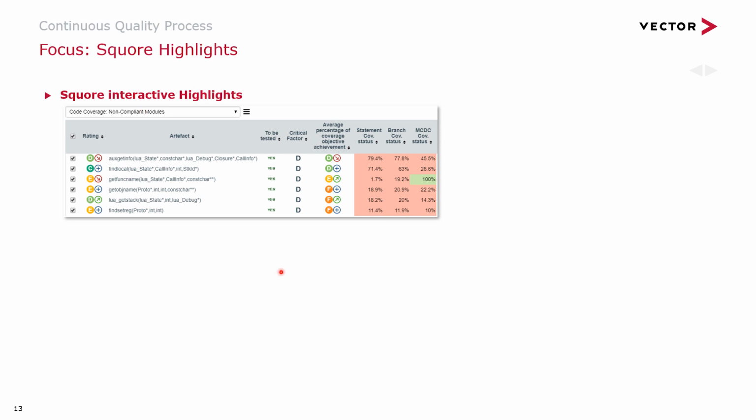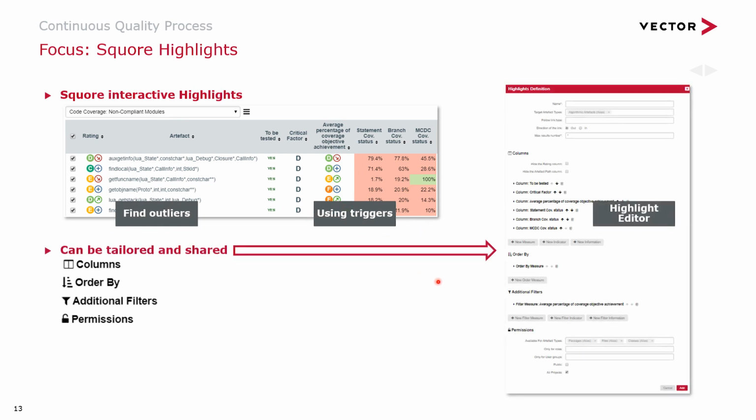That's what we were looking at today in Squore. A highlight is really a way to find outliers in Squore, to find elements that are triggered, okay, and this is all configurable. So we have an editor in Squore, and once you have edited your highlight, well, you have a quality gate which you can introduce in your continuous integration.